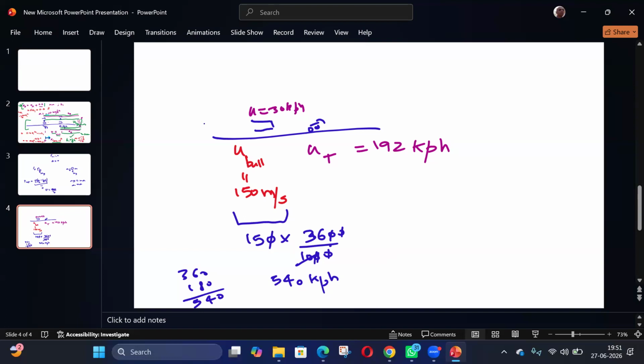First of all, this velocity of the bullet, this 540, is it with respect to the ground or usually with respect to the car? So the velocity of the bullet with respect to the police vehicle is 540.